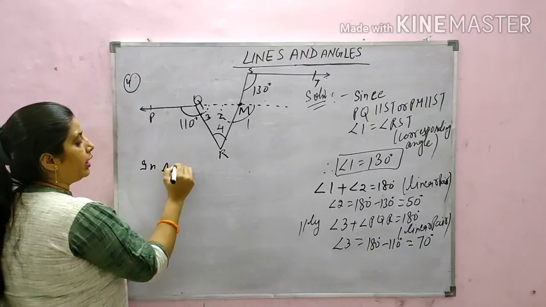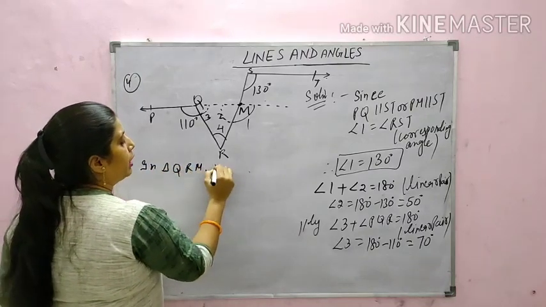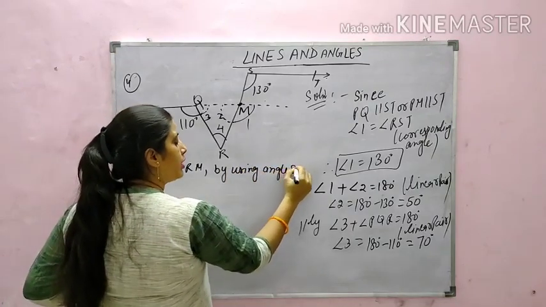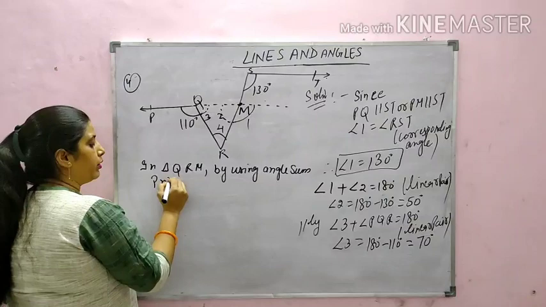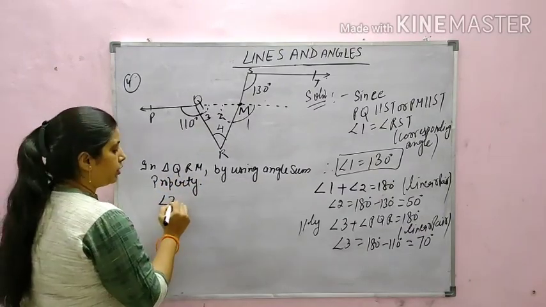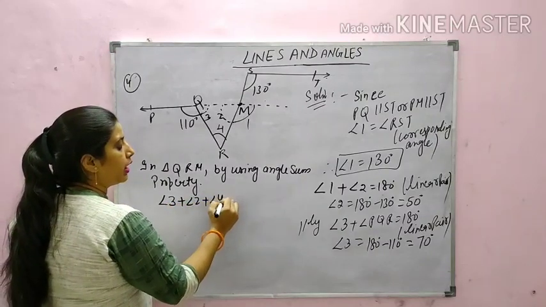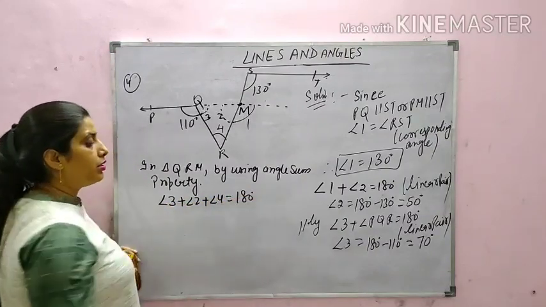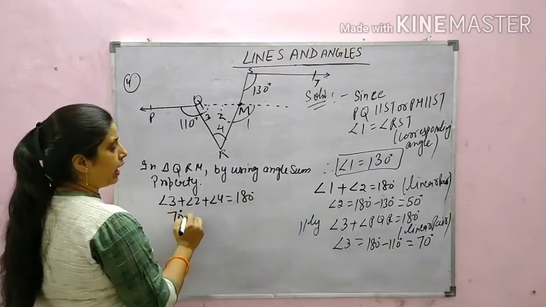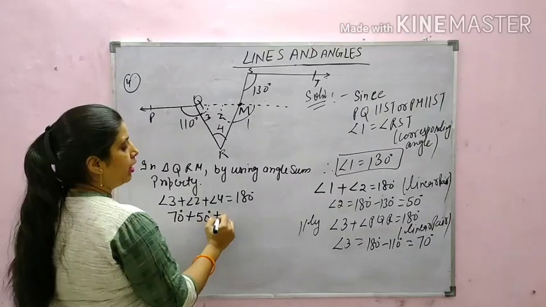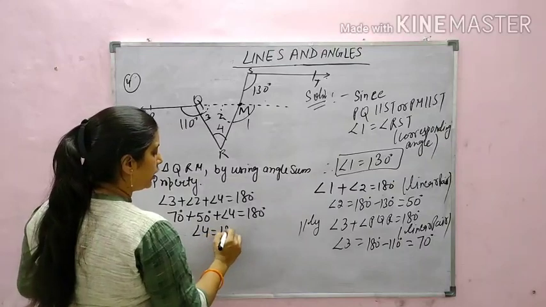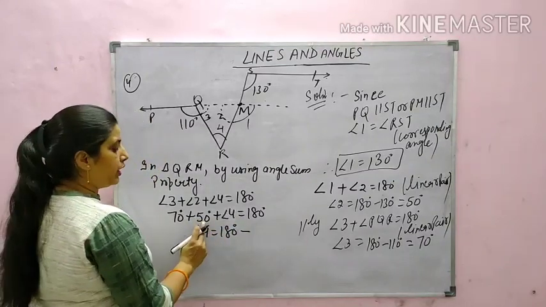Now in triangle QRM, by using the angle sum property, angle 3 plus angle 2 plus angle 4, the sum of all the angles in a triangle is 180 degrees. Now angle 3 is 70 degrees, angle 2 is 50 degrees. Then angle 4 will be 180 degrees minus (70 plus 50), which is 60.